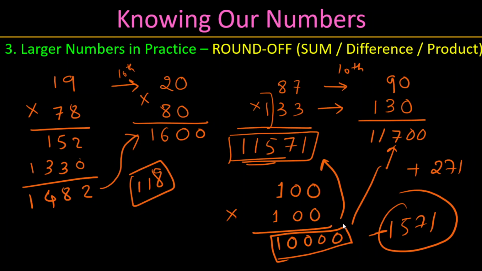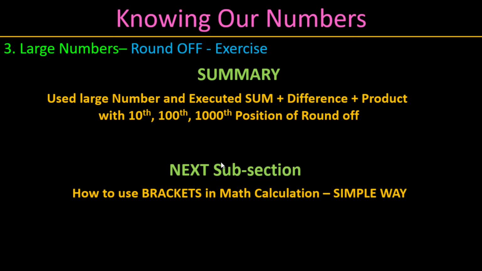Let us understand now the new topic, how to use the bracket. So far we understood how to use large numbers and execute the sum, difference and product using the round off technique with respect to the 10th, 100th and 1000 position. Next we are going to study how to use brackets in math calculation, explained in a very simple way.